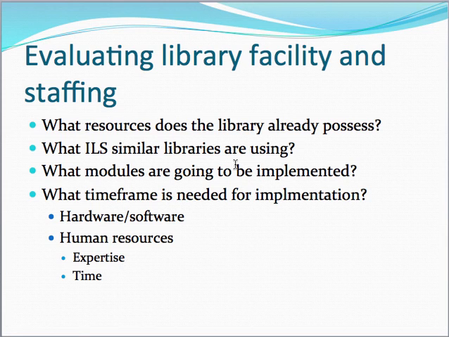Are we going to implement the patron module, circulation? Are we going to implement acquisitions? Are we going to implement the serials module? Are we going to implement the cataloging module? Are we going to have an OPAC, etc.? Are we going to have remote access?